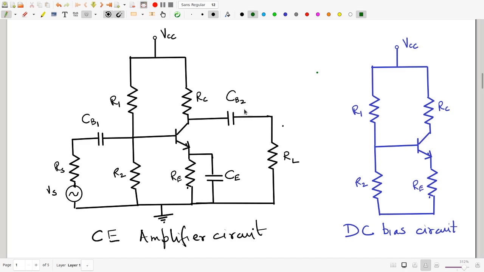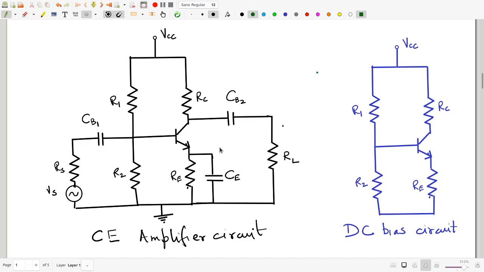On the other side, CB2 connects the circuit to RL, the load resistance. This could of course be a speaker or maybe the next amplifier stage in a multi-stage amplifier. Basically whatever is drawing the current and voltage from your amplifier.